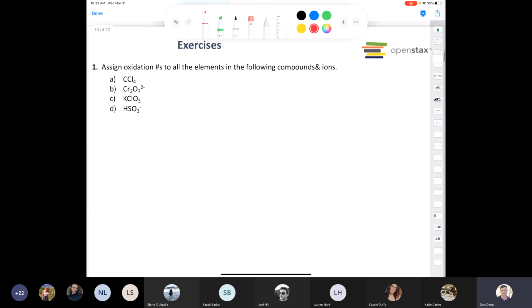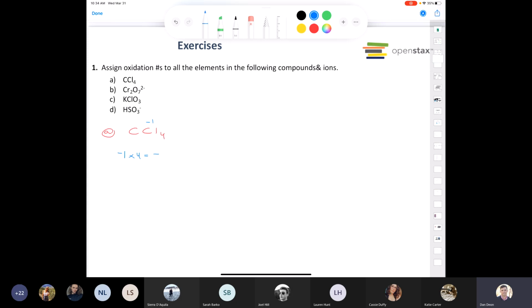Well, with that in mind, let's look at some examples quickly because we're running out of time here today. We'll start with CCl4. That's carbon tetrachloride. Chlorine is a halogen. The halogens, like fluorine, chlorine, bromine, and iodine, normally have a charge of -1 unless they're combined with an oxygen. There is no oxygen here. How many chlorines do I have? I have -1, but I have 4 of them.